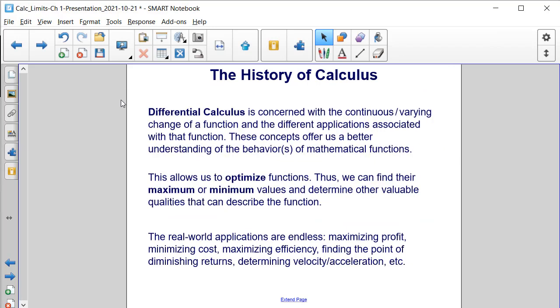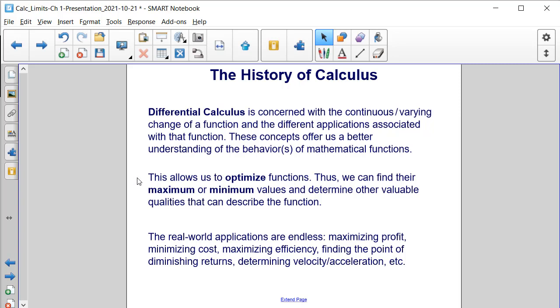Differential calculus is concerned with the continuous or varying change of a function and the different applications associated with that function. These concepts offer us a better understanding of the behaviors of mathematical functions. It allows us to optimize functions.